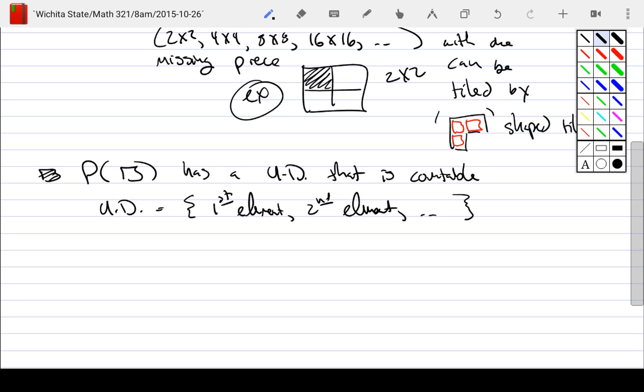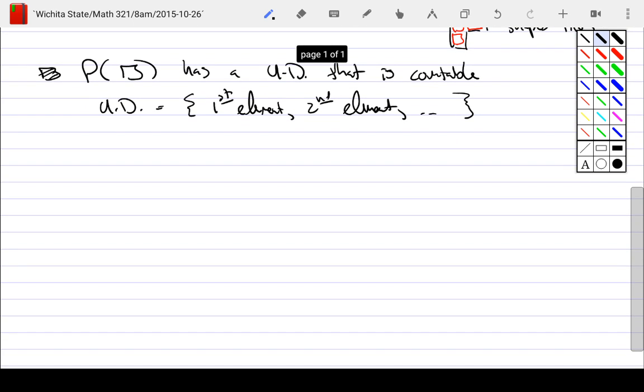We have to have a first, second, third, fourth, fifth element. So there has to be some sort of bijection between the counting numbers and these objects, which really just says you have a first element, second element, third element. And our goal of a particular problem like this is to prove for all n, P of n. For all elements in the universe of discourse, this propositional function evaluates to be true.